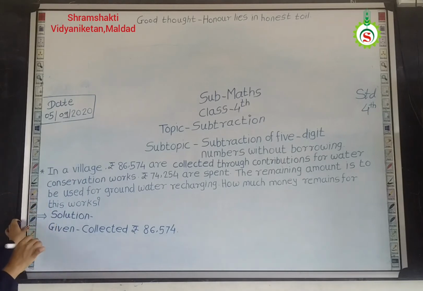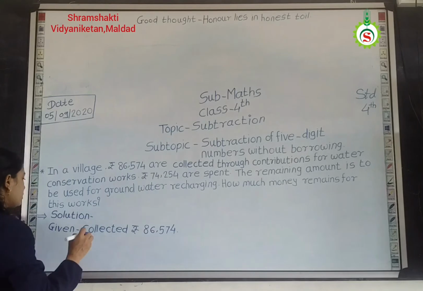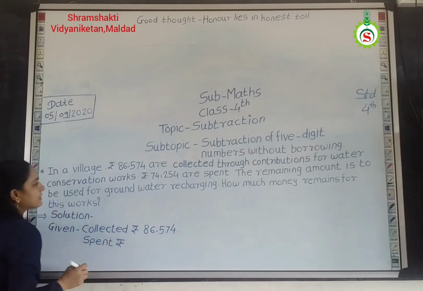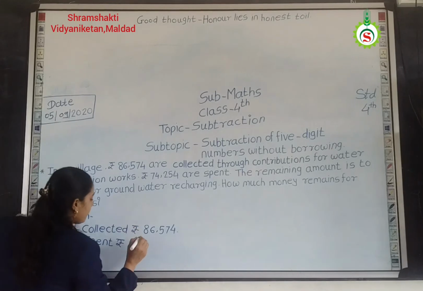From these, some rupees are spent. Write that amount: spent rupees, how many? Spent rupees are 74,254.